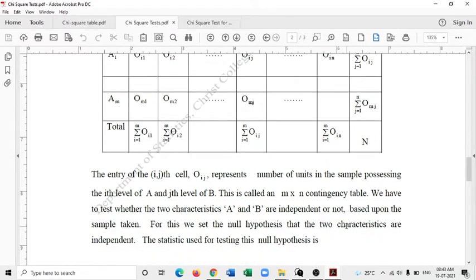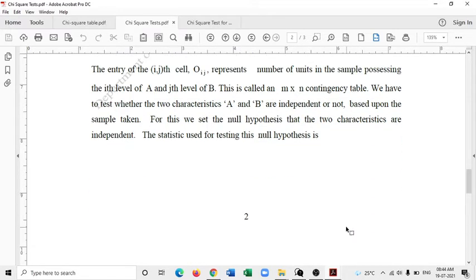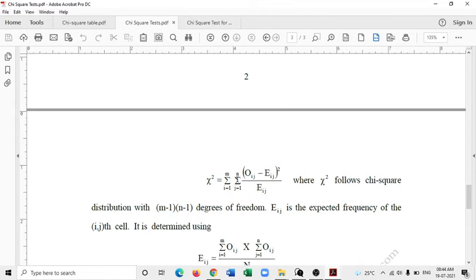Now, the null hypothesis is that these two characteristics are independent. So we state the null hypothesis that the levels of characteristic A and the levels of characteristic B are independent of one another. Here the test statistic is the sum over i equals 1 to m and j equals 1 to n of Oij minus Eij whole square divided by Eij, where chi-square follows a chi-square distribution with m minus 1 into n minus 1 degrees of freedom.